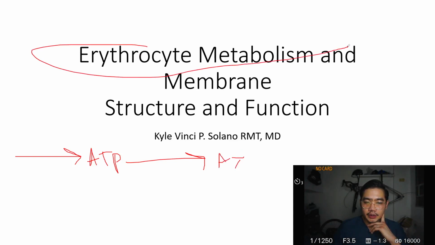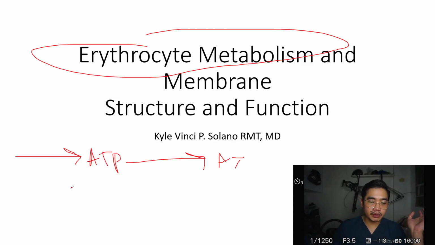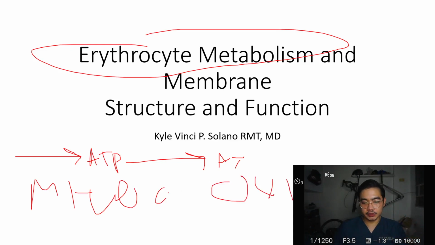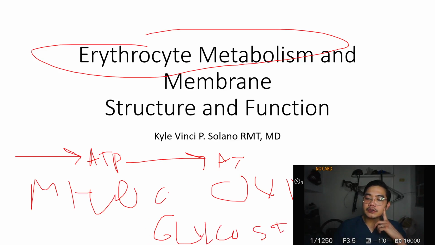Remember, your erythrocyte doesn't have a mitochondria, so it cannot use an oxidative process to form ATP. It relies mainly on anaerobic processes like your glycolysis. And from that glycolysis, we will derive multiple other chemicals that will aid in its function.